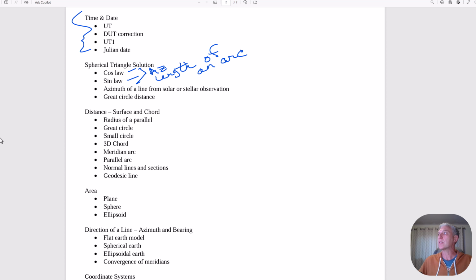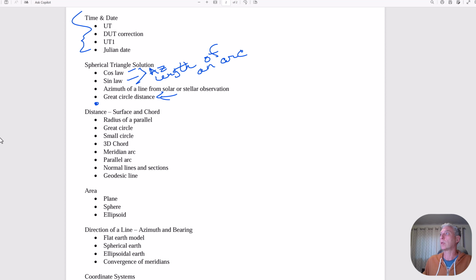Okay, next, azimuth of a line from solar or stellar observation. If there is something on the exam, it's not going to be any more complex than what we did on the homework. So just the basic fundamental principle of the azimuth of a line from a solar observation. Great circle distance. Know that.